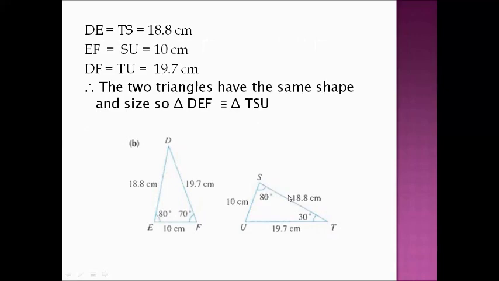As EF is 10 centimeters, SU is also 10 centimeters, and DF is equal to TU, that is 19.7 centimeters. So the two triangles have the same shape and size. So we can say that triangle DEF is congruent to triangle TSU.